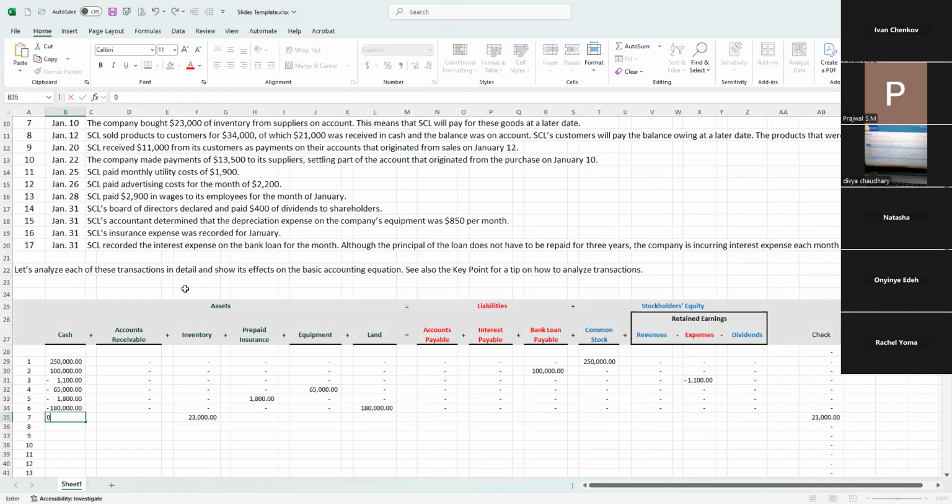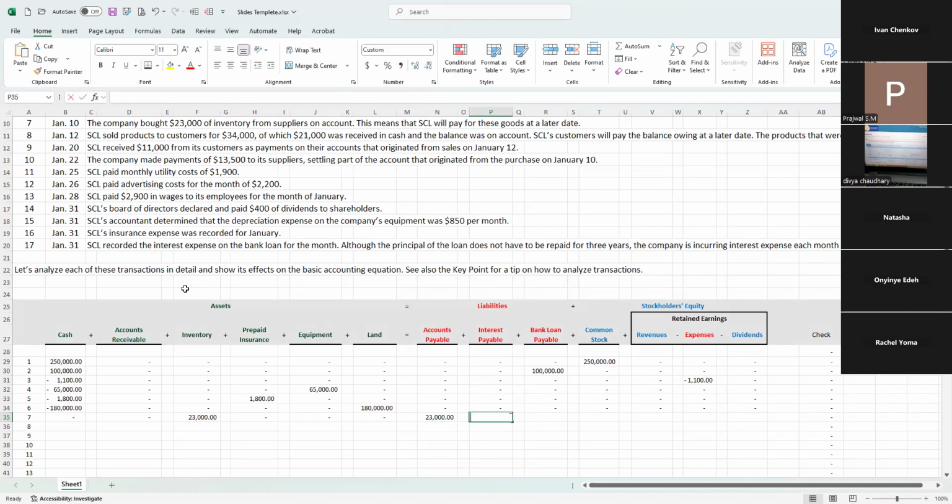No. Do we have to pay cash? Not yet. We'll be paying in the future. But technically we have to pay at some point, right? So that will be accounts payable.